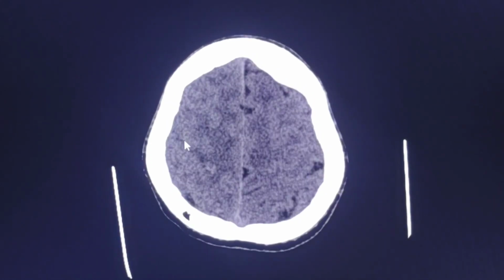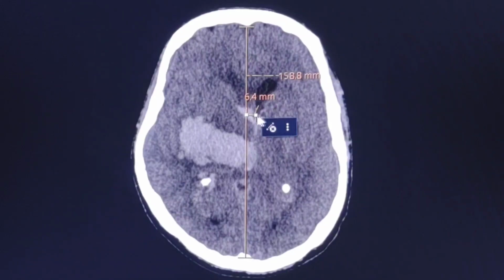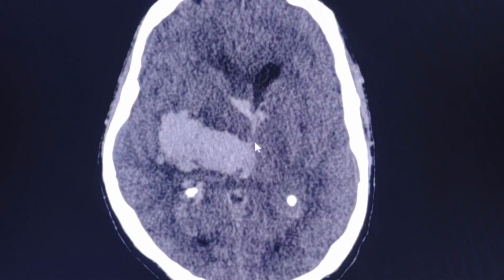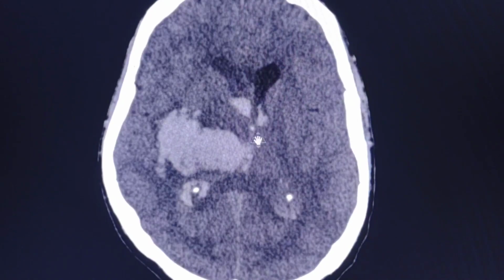Okay, you can see effacement of the sulci due to the edema. And there is also a new midline shift towards the left side, which was not apparent in the previous CT scan. So all this progress in just less than 2 hours.